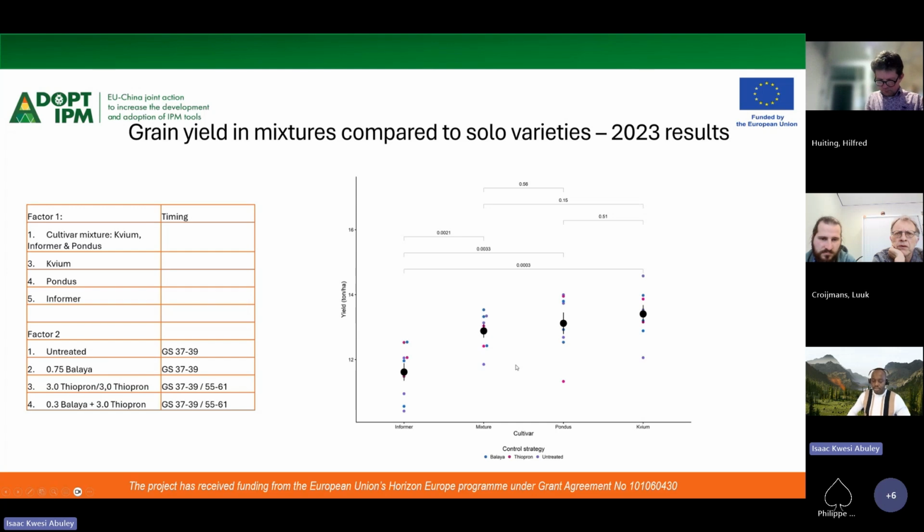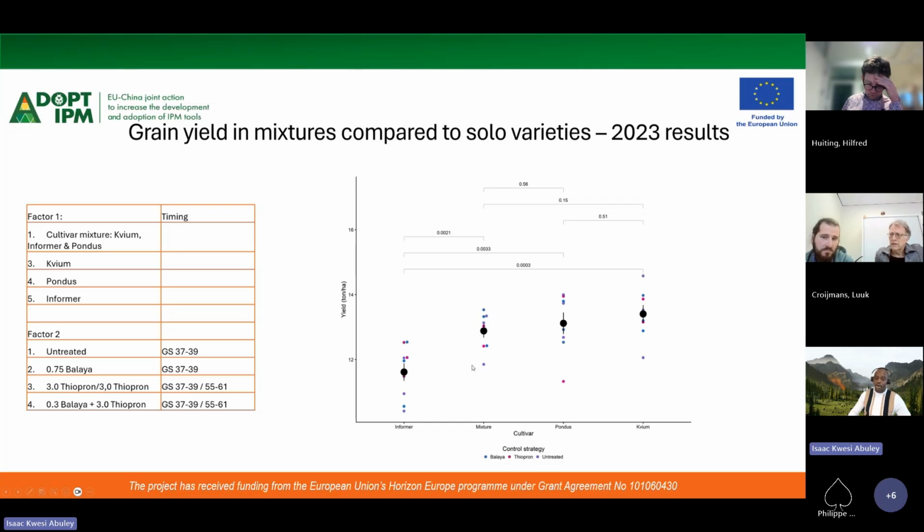Now, the conclusion we get from this is that if you use a resistant variety alone, you may have good disease reduction, but not necessarily a very high yield. However, in the mixture, like I mentioned about compensation as a mechanism, this is about yield compensation.